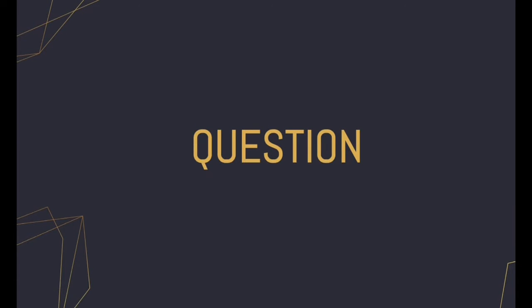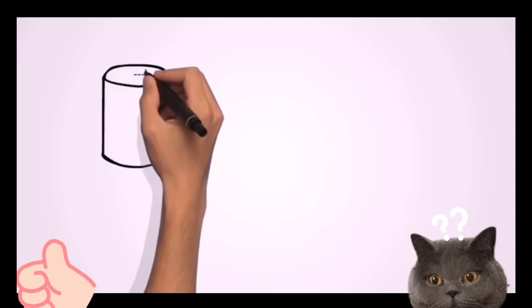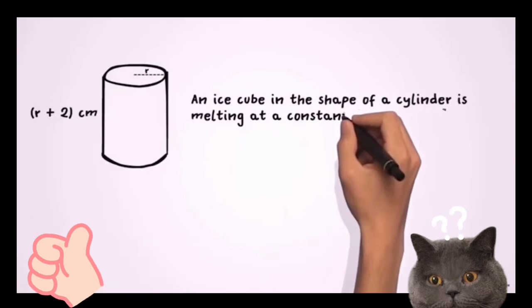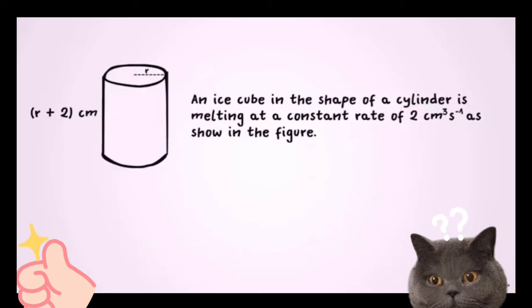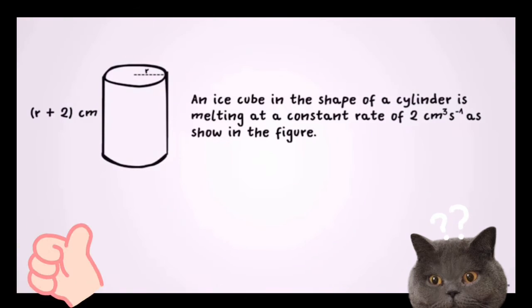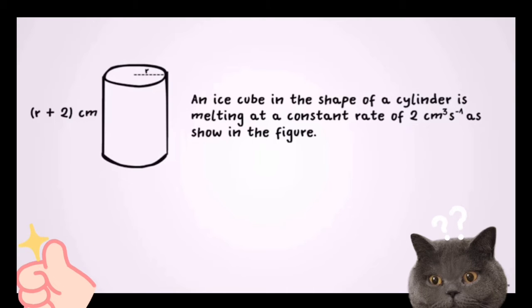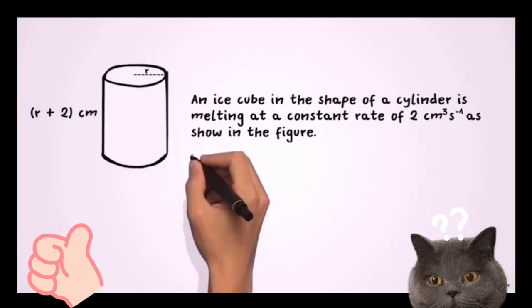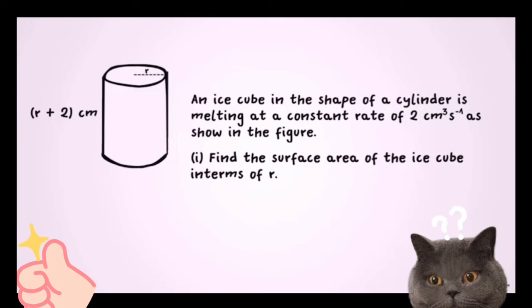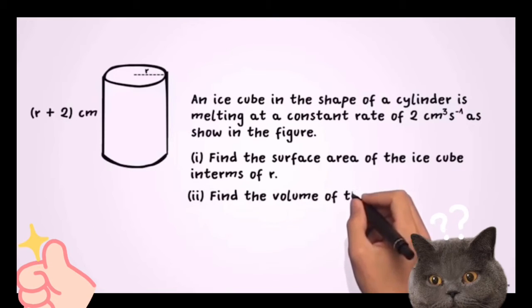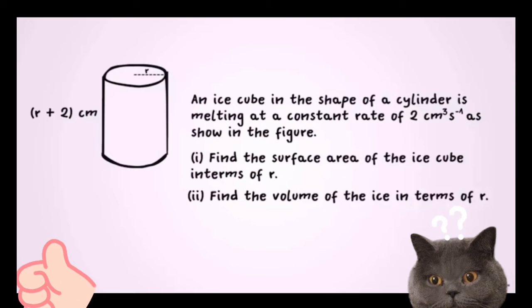Okay, let's go through the related rate question. An ice cube in the shape of a cylinder is melting at a constant rate of 2 cm, as shown in the figure. Question 1: find the surface area of the ice cube in terms of r. Question 2: find the volume of the ice in terms of r.